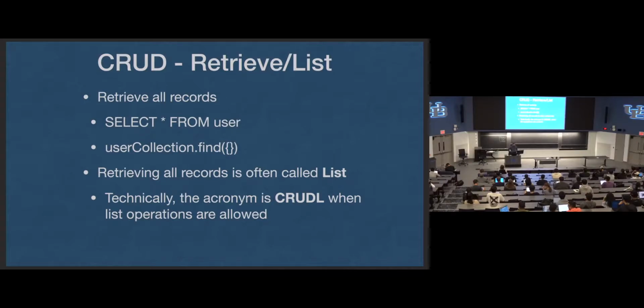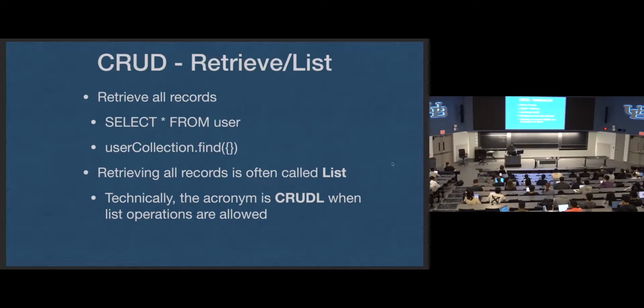Right, retrieve and list. This is actually list. Select, give me everything in this API. So for our purposes, this is give me every user in the database, just send them all my way, unless they've been deleted. Select star, or find with an empty key-value store.